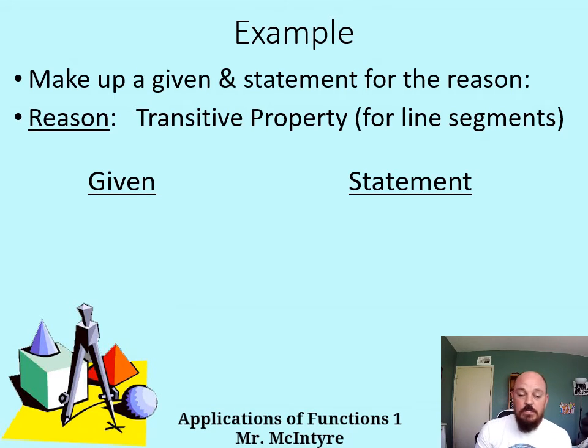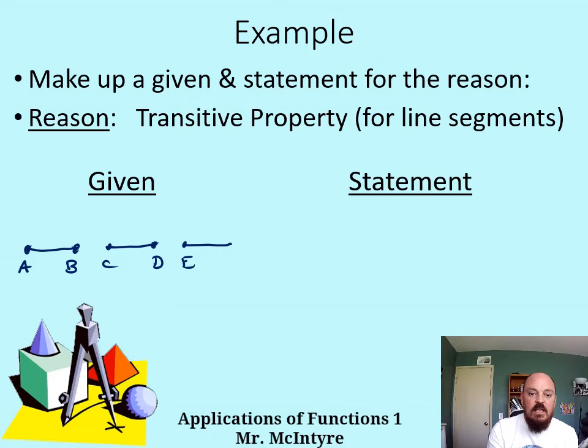So for my given, I'm going to use a picture, and I'm going to draw 3 line segments. Let's call this one line segment AB, this one CD, and this one, I'll just keep going in order, EF. And for my given statement, let's also see, sometimes the given needs a picture, sometimes it needs a statement, and sometimes it needs both.